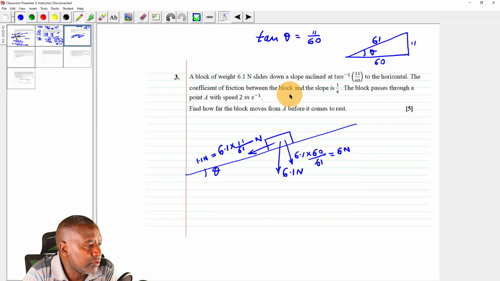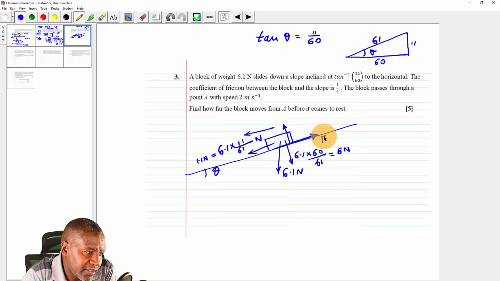So let's go on. It slides down the slope. Since it is sliding down the slope, and remember there is R here, there should be a friction force acting in the opposite direction, and the friction force is going to be equal to mu R, and R is equal to 6.